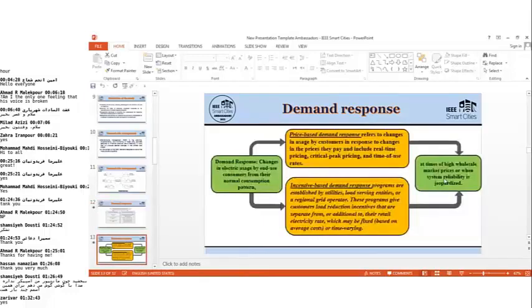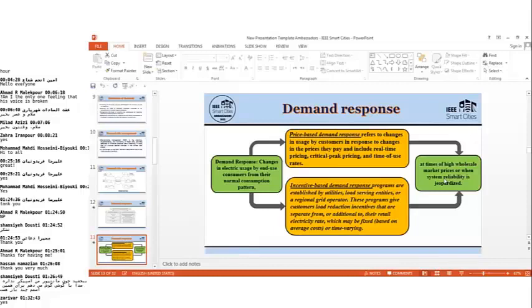In this slide, we have a little description about price-based and incentive-based demand response. As mentioned, price-based demand response refers to changes in usage by customers in response to changes in the price.